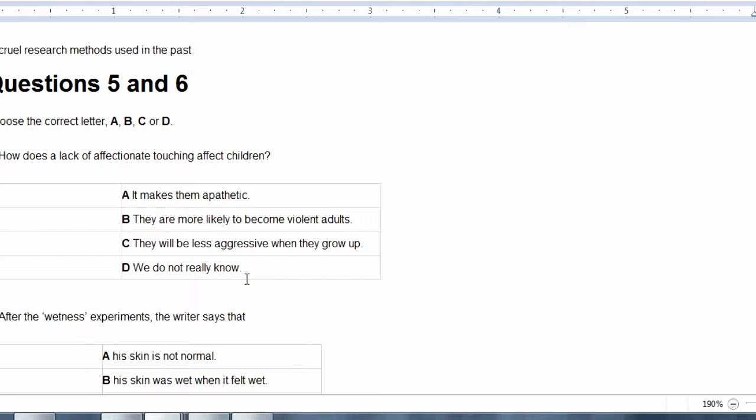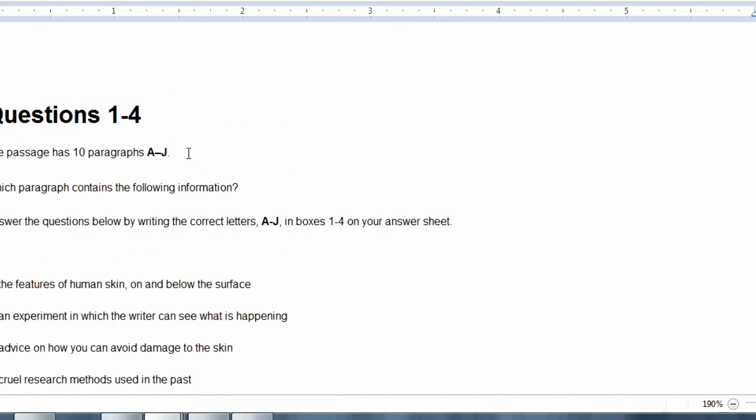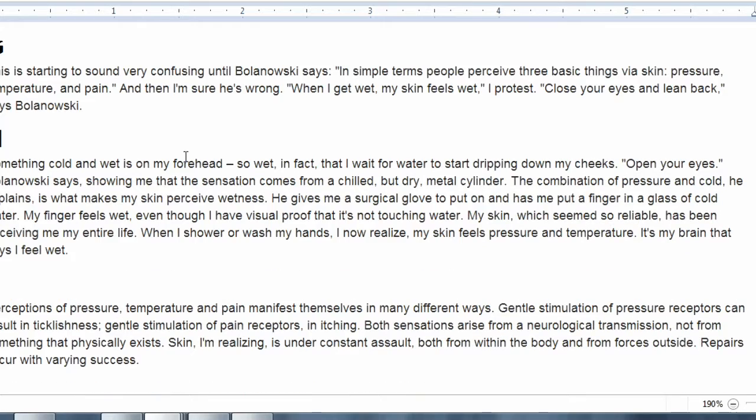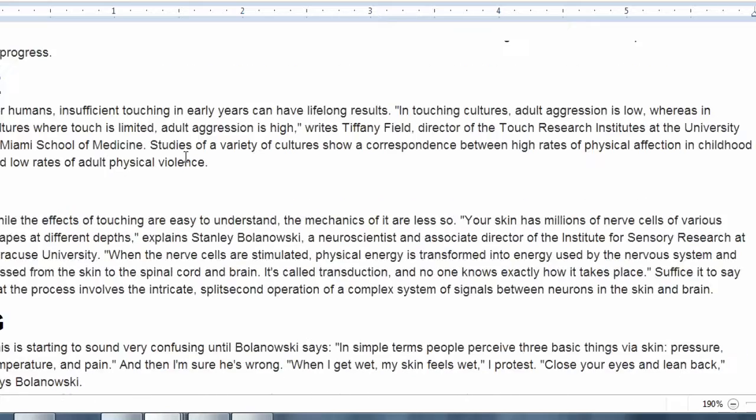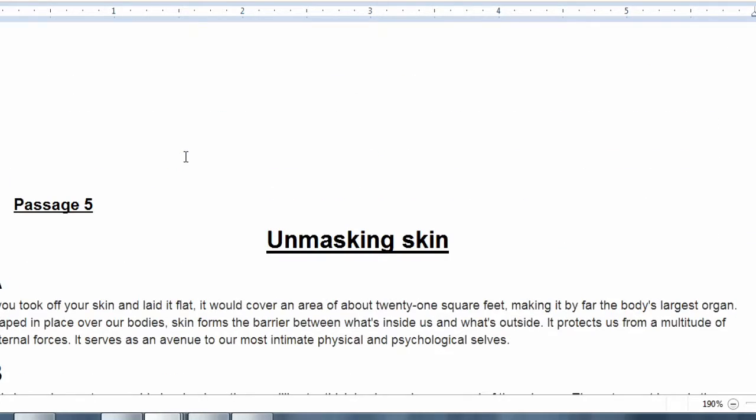So let's find out the words first, where they are talking about how the lack of affectionate touching affects children. So the lack of touching we are looking for. When they don't touch the children, then what happens? So this is about skin, so something about the skin.